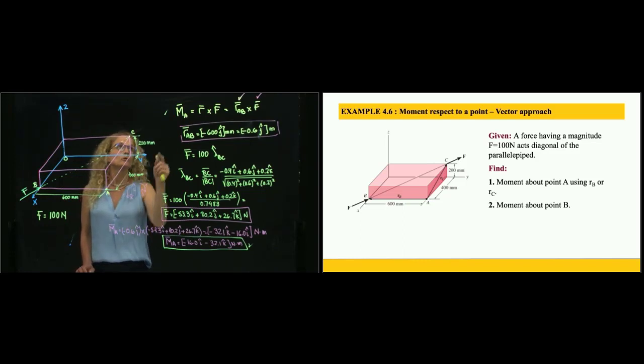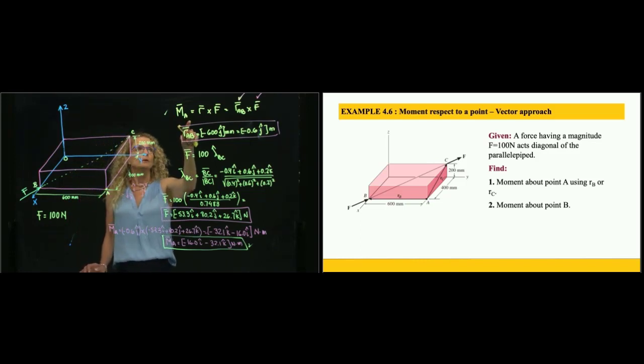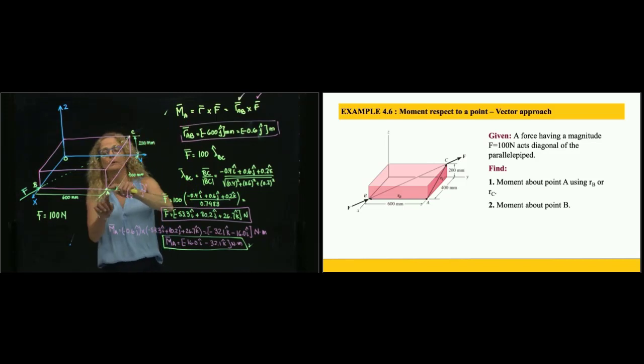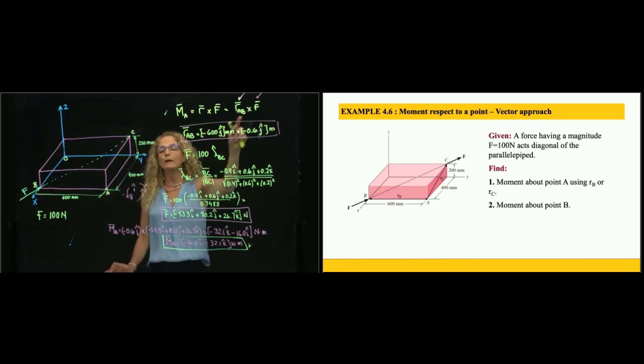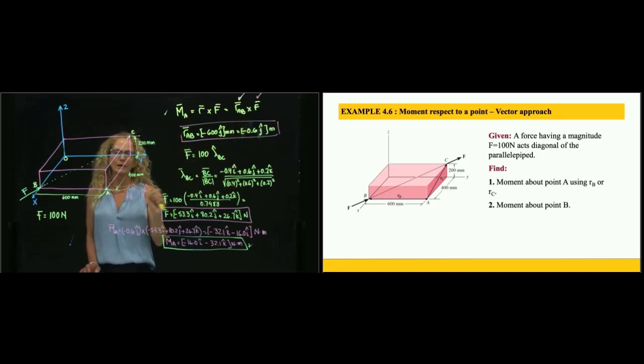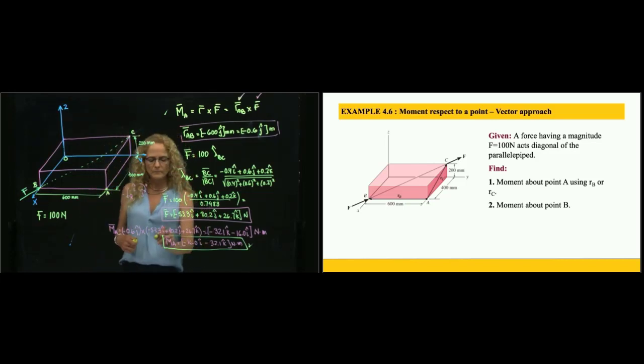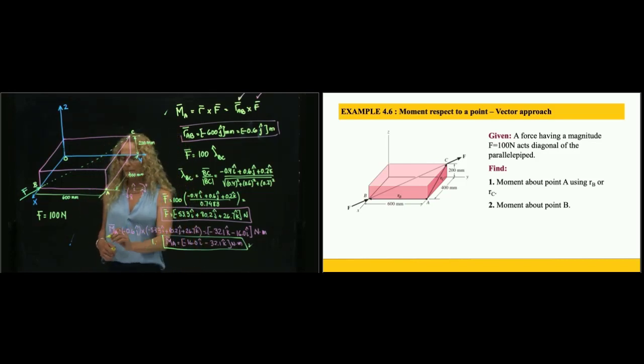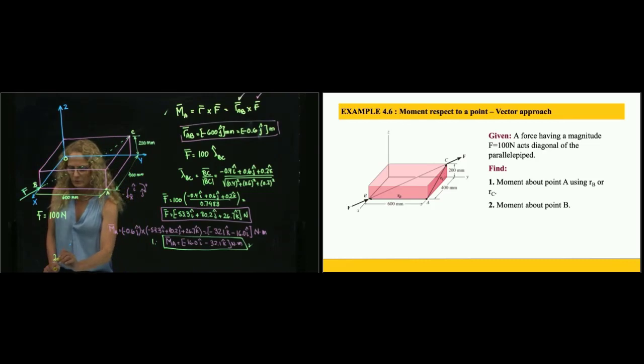I could have used AC. So I invite you to do that exercise. Instead of using AB, use AC, and you should get exactly the same value. So this was the first question of this problem, and the second question is the moment with respect to B.